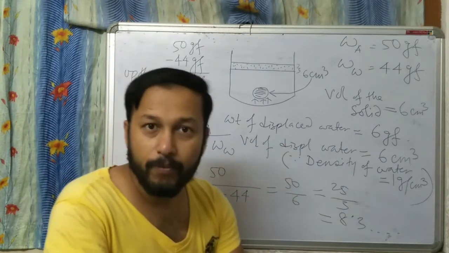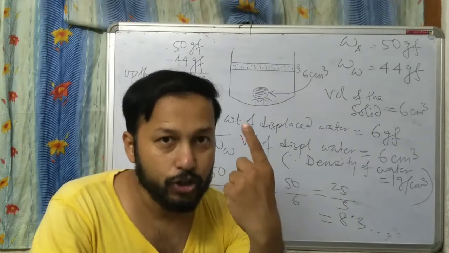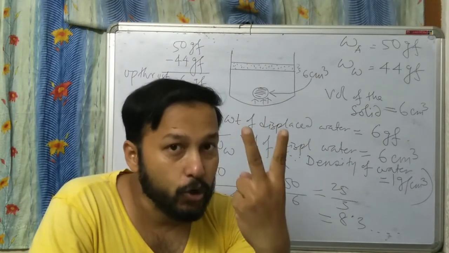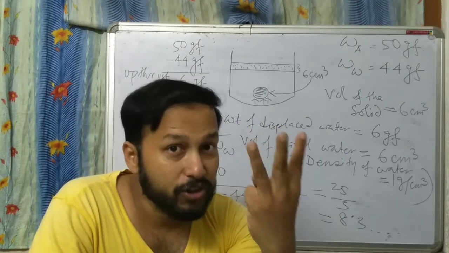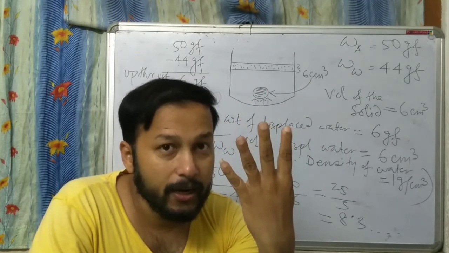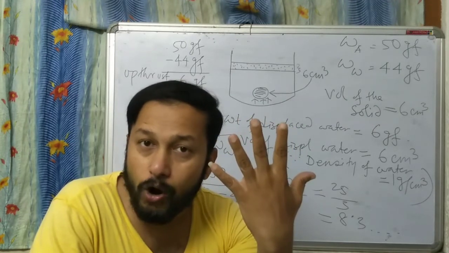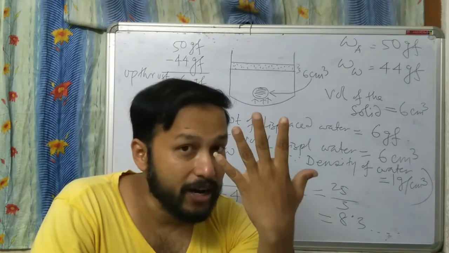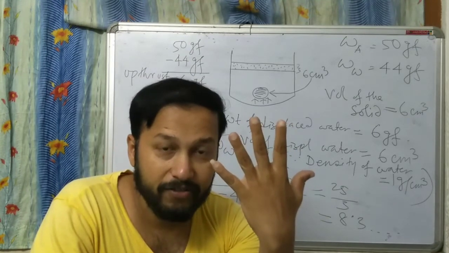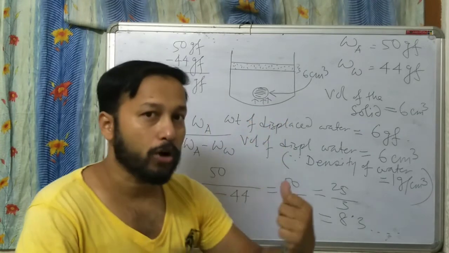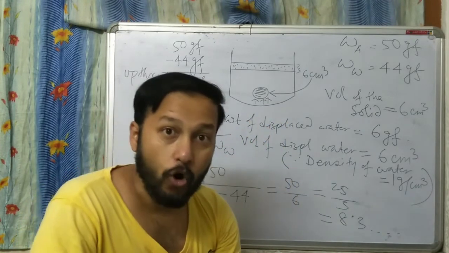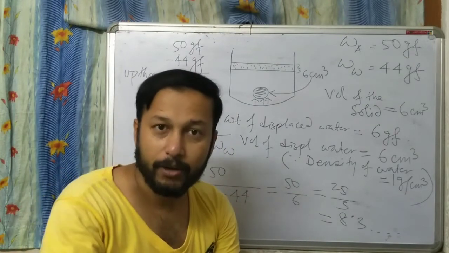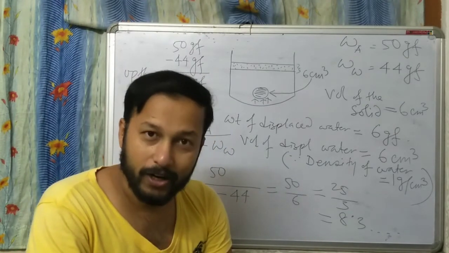To solve this type of numericals, you will have to have the idea of Archimedes principle, force of buoyancy, upthrust, displaced water, then all the formulas of relative density of liquid and relative density of solid. All these 5 things you have to know to solve these numericals, and the links of all those videos you will get in the description box. You must check that. Understood?